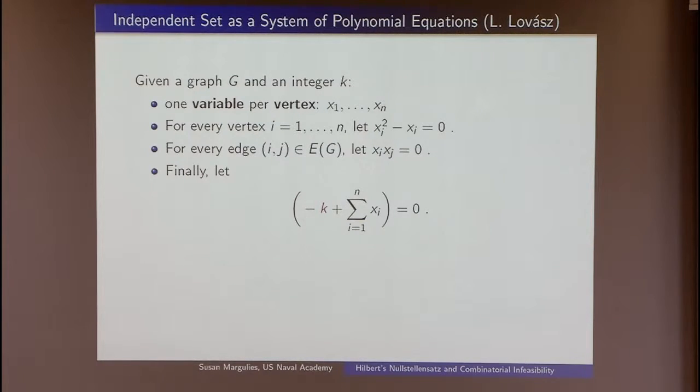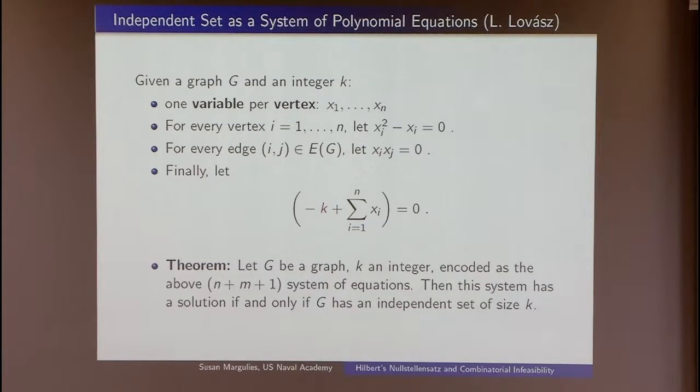The vertex is either in the independent set or not. And then for every edge, we have this, certifying that no two adjacent vertices can both be in an independent set. And since we want an independent set of size K, we then can sum up all the vertices and say we want exactly K vertices to be in the independent set. So now we have a system of polynomial equations. Of course, it's satisfied if and only if the underlying graph has an independent set of size K.